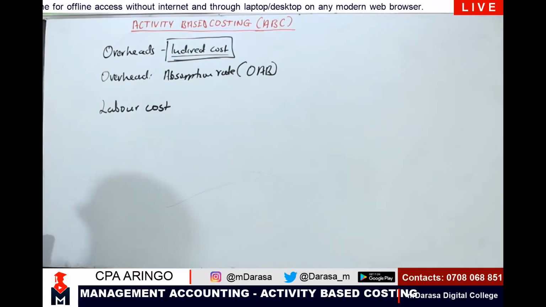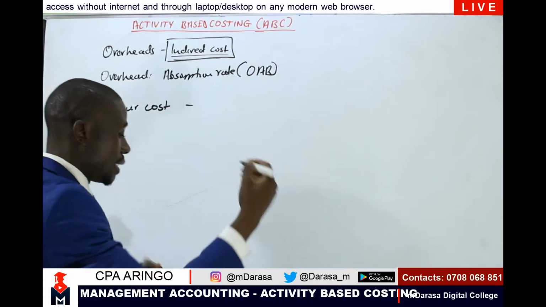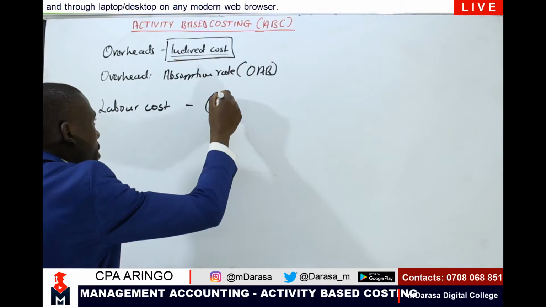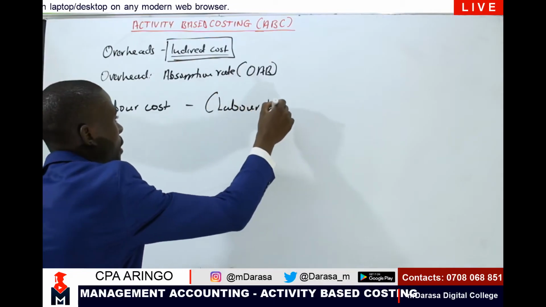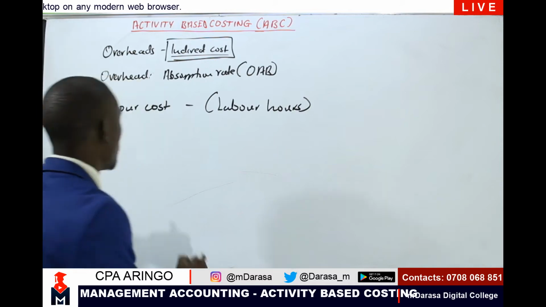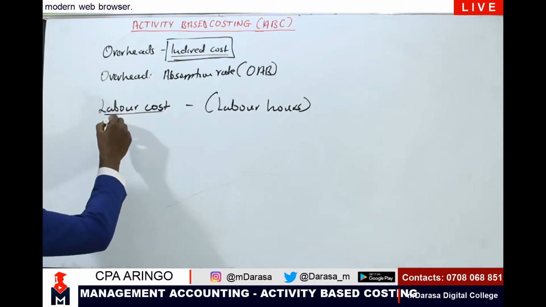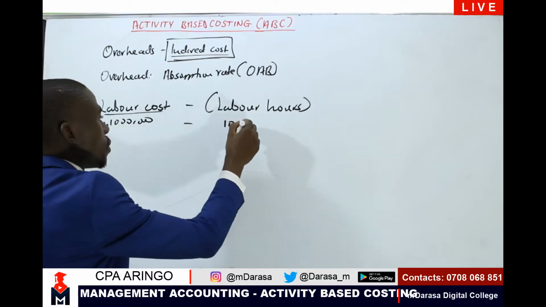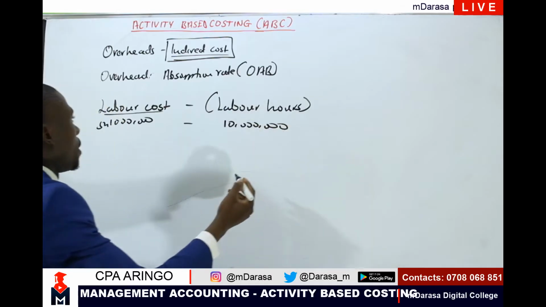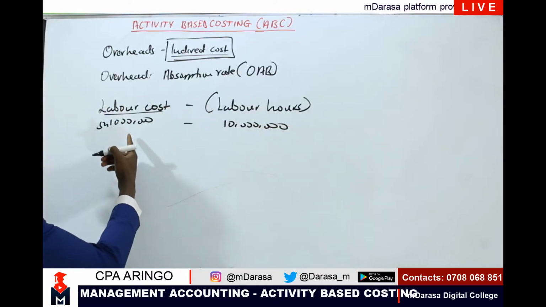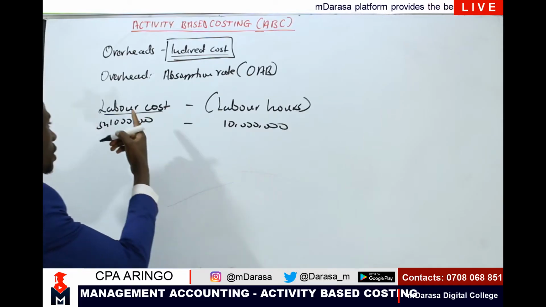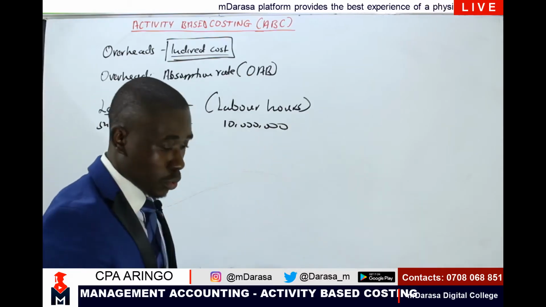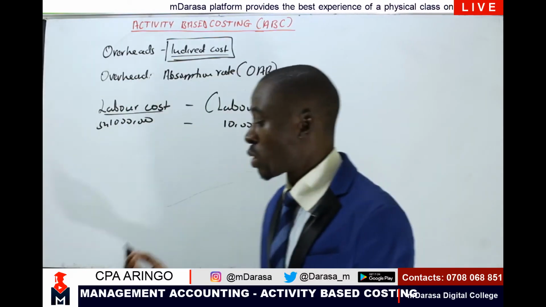It will always be upon us to identify a base, and in this case, you can talk of labor hours. So in allocating the labor cost, assuming I have 1 million as our cost, and labor hours of 10,000, to determine my overhead cost in relation to labor, we take the total cost and divide by the base, which in this case is labor hours. This was a traditional method.